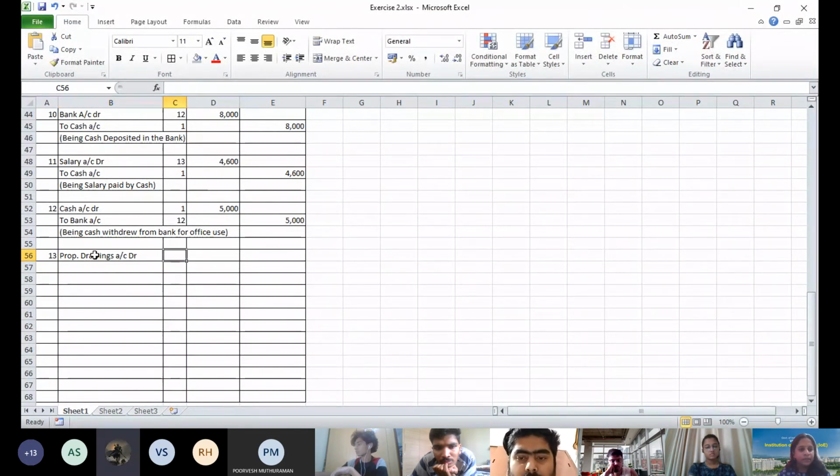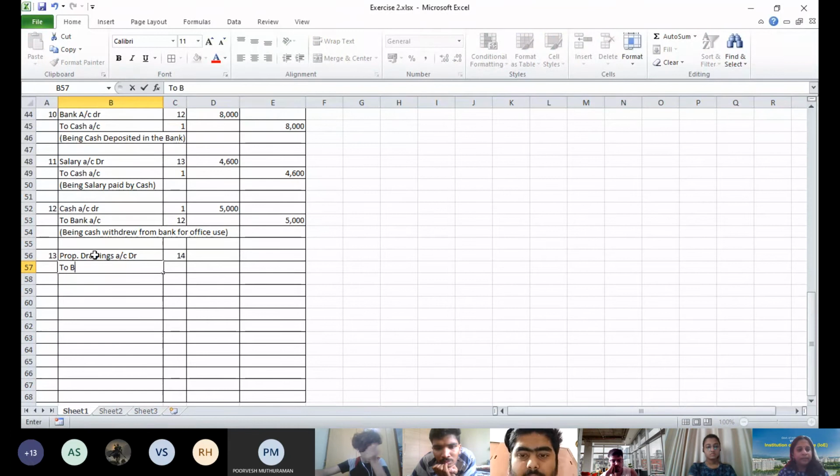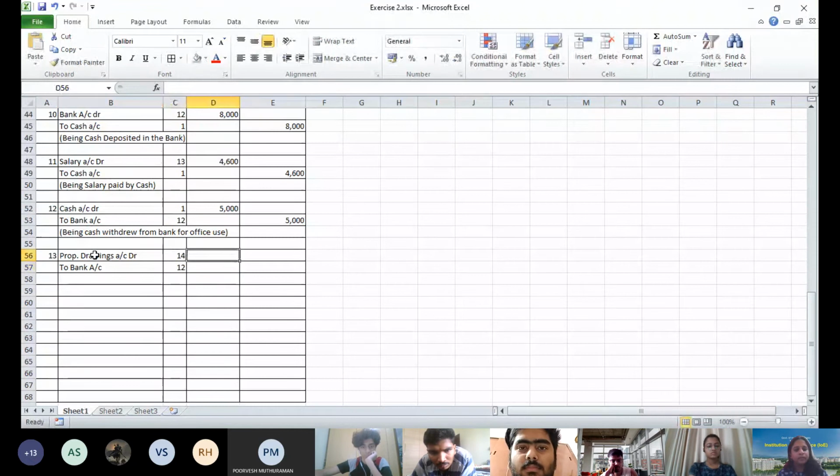What is the transaction number? Ledger folio number is 14. Bank only, right? Bank is 12. What is the amount? 3,000.